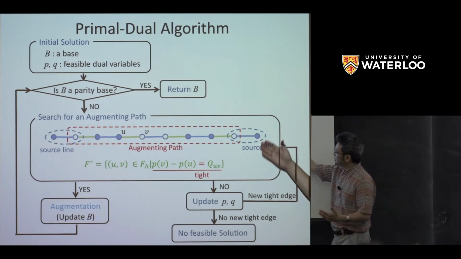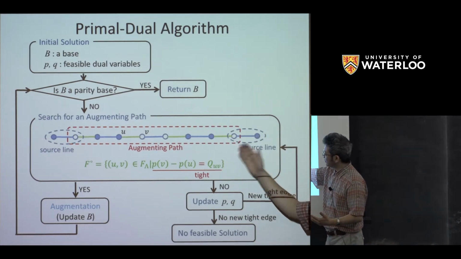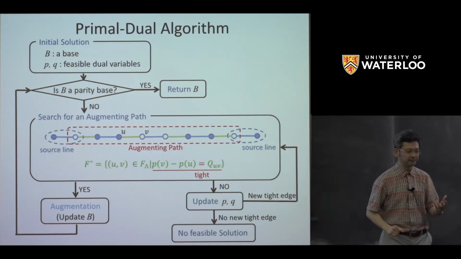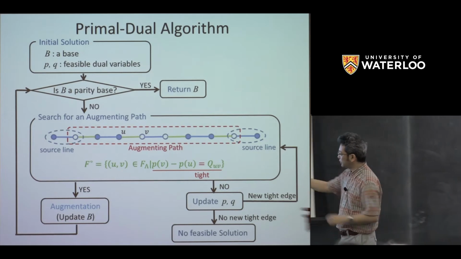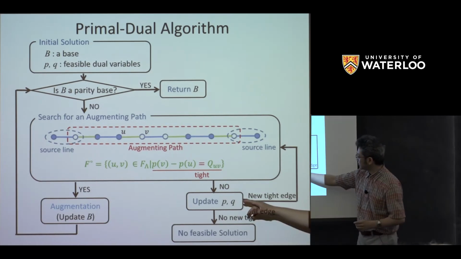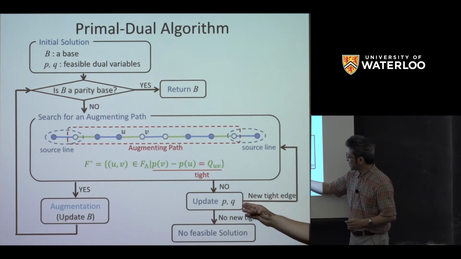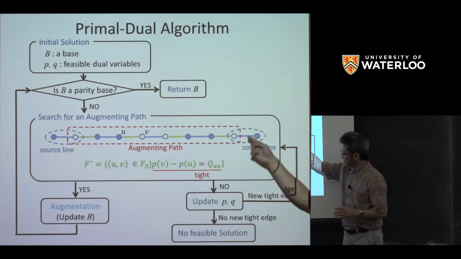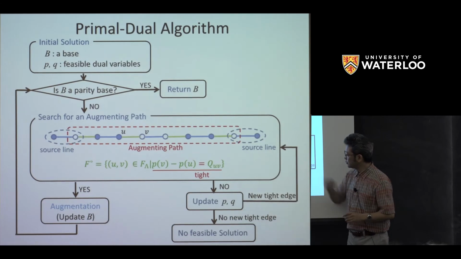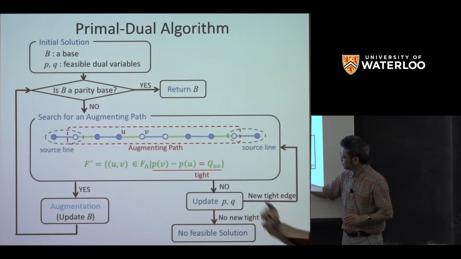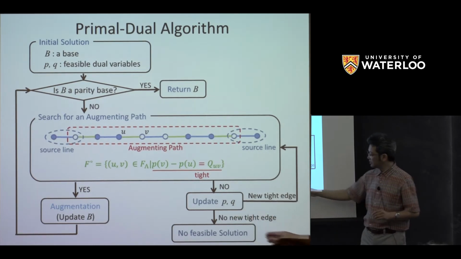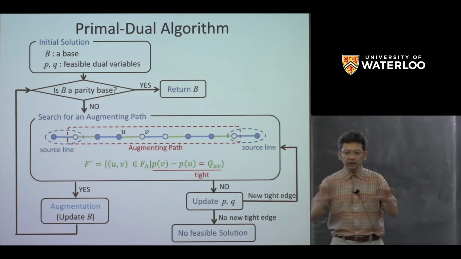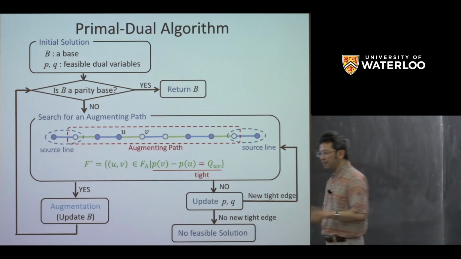So you update the dual variables. I will tell you how to apply this, but we will design the algorithm so that there will be a new tight edge in it, and we come back to this again. Also, we can prove that if this does not give you a new tight edge, then the problem itself is not feasible. That means that you didn't have a parity base.